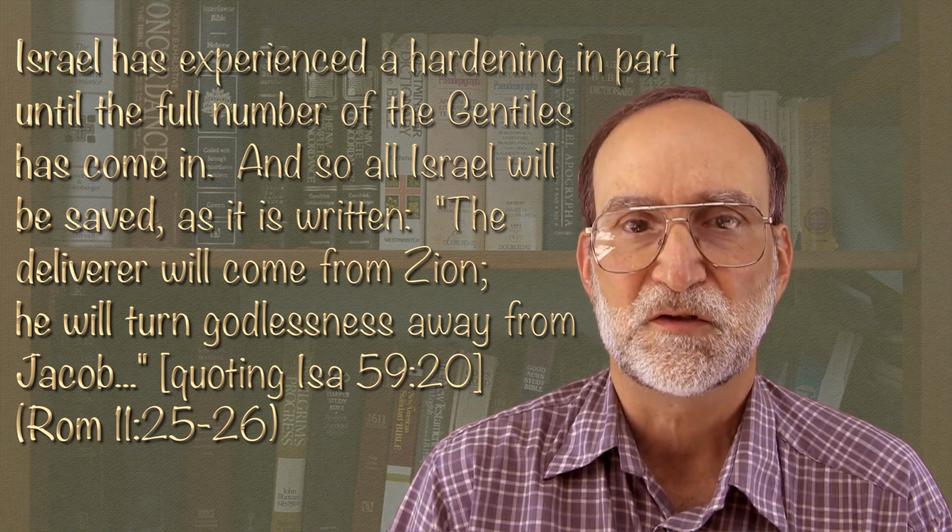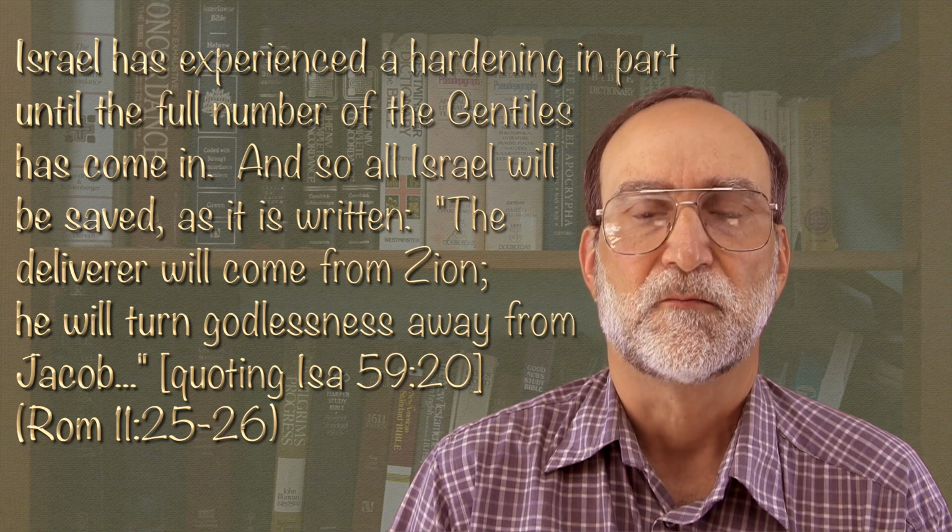So you see that regardless of these statements in the Old Testament about God sending Israel away for her apostasy, God has restoration and reconciliation in his plan for the genealogical nation of Israel.